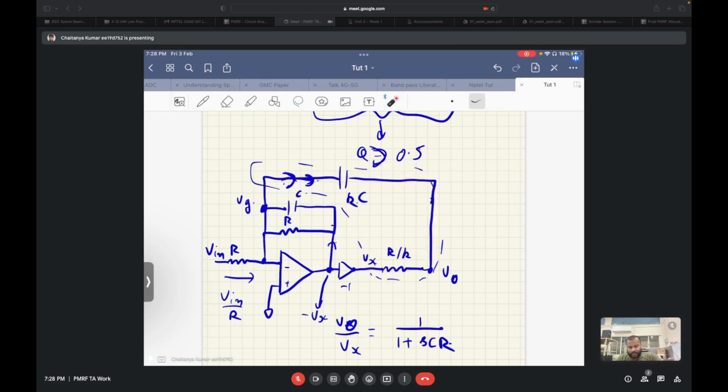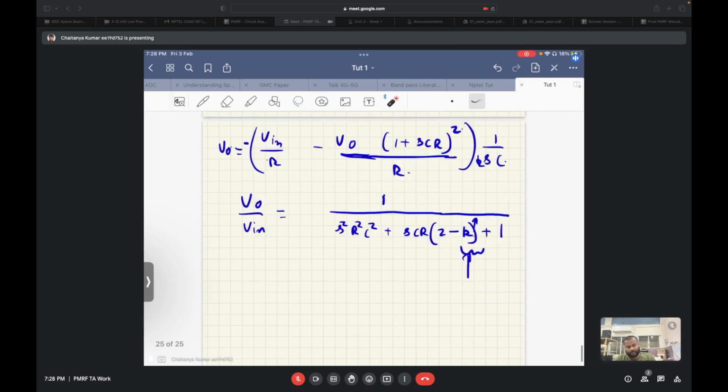So the impedance seen by this node is reducing, and hence the amount of positive feedback that we are providing in the circuit keeps on increasing. After a certain value of K, this positive feedback will become stronger than the negative feedback, and the circuit will become unstable. As far as instability is concerned, the coefficient of this term in the second order denominator will become negative.